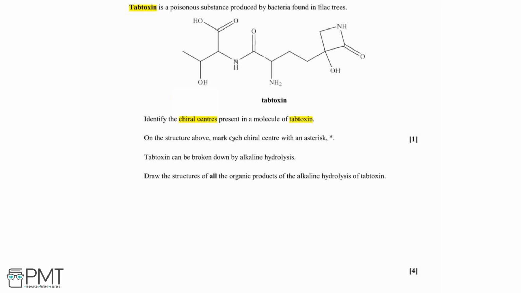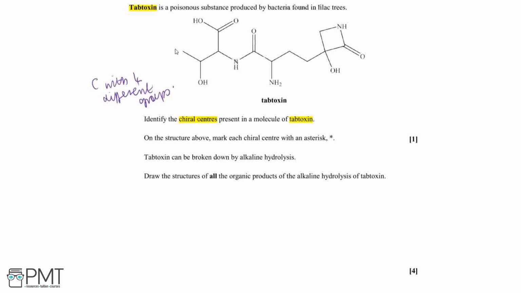So a chiral centre is going to be a carbon with 4 different groups attached overall. So we need 4 different groups bonded, and we can't be having double bonds, so it's not just 4 bonds, it's got to be 4 different groups overall. So let's have a look at our molecule and see how many we can identify here.